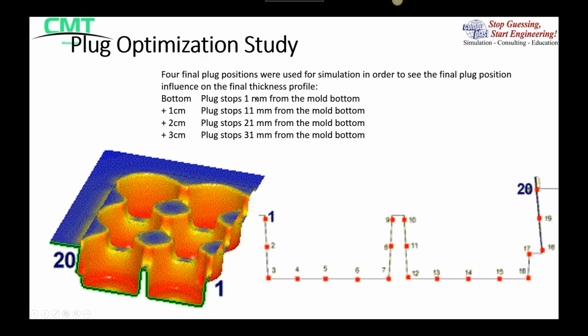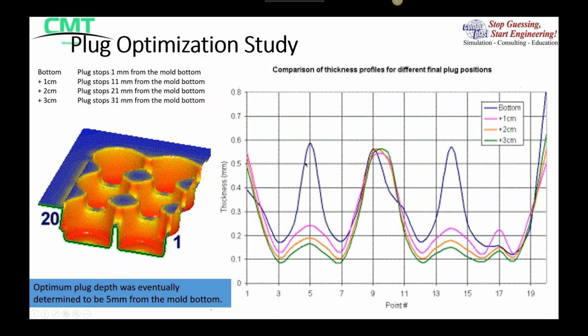This is essentially the bottom position, and then plus 10 millimeters, 1 centimeter, and then plus 2 centimeters, and then plus 3 centimeters. So we're going to have 4 penetration depths, and we're going to show the graph of the thickness along positions 1 through 20 for those 4 depths.